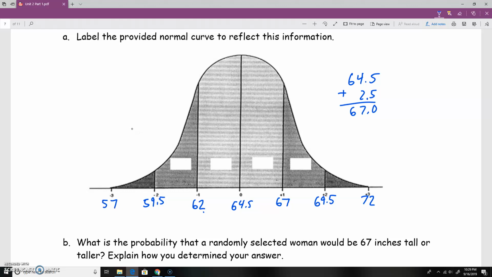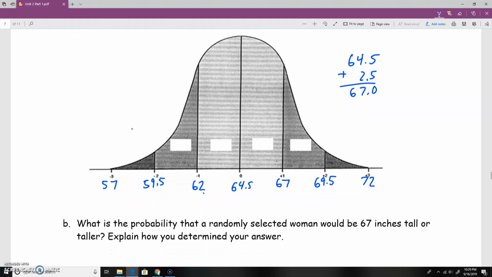All right. Now, down here it says, what is the probability a randomly selected woman will be 67 inches tall or taller? Well, if I shade this to represent that, 67 inches is right here, and taller is going to be everything out this way. Okay?